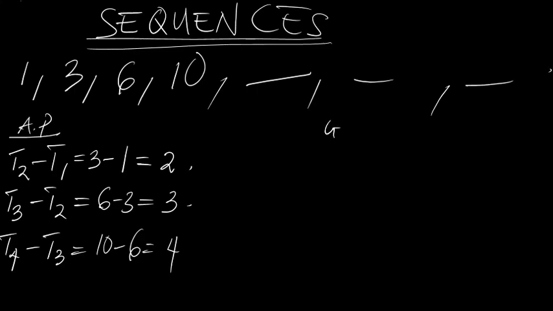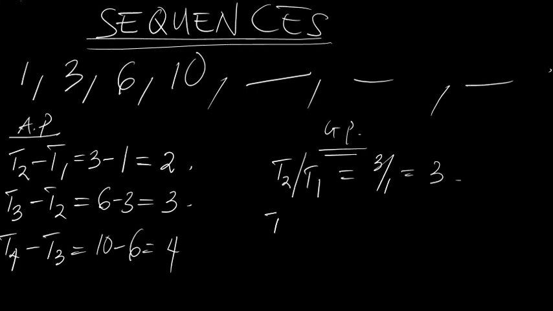But let's look at the geometric progression. Let's look at what it gives us. For geometric progression, we say the second term divided by the first term will give us what? That is 3 over 1, which is 3. The next one is the third term divided by the second term, 6 divided by 3. That is 2.